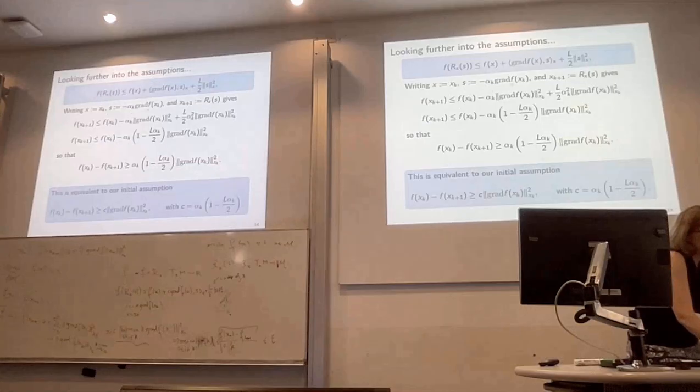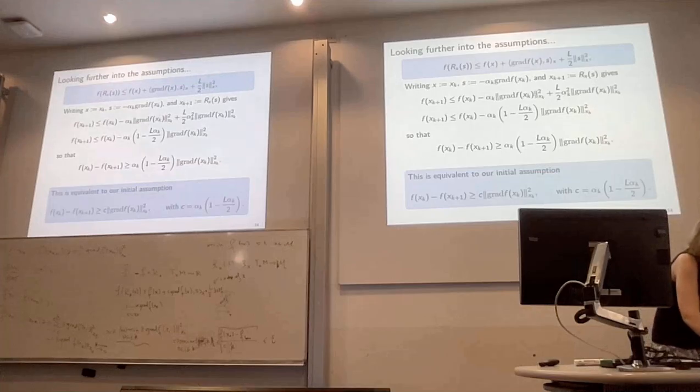So let's say s is minus alpha Riemannian gradient. My new iterate, of course, is just a retraction of that. I plug that in. Gradient inner product with gradient in x just gives me the norm squared. And then here I have alpha squared. So I put this quantity into there, and you can see that these two terms are the same.